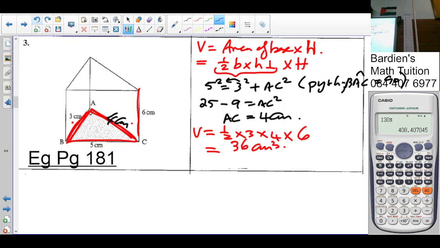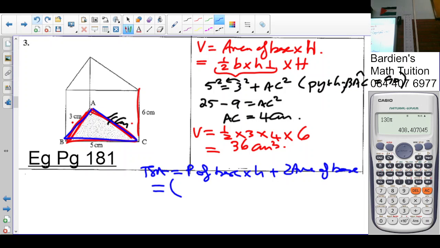People, for the total surface area, how do you calculate the total surface area? Perimeter of base times height plus twice the area of base. So how do you calculate the perimeter here? We add it all up. The perimeter of the triangle times height plus 2 times the area of base, which is half base times height.